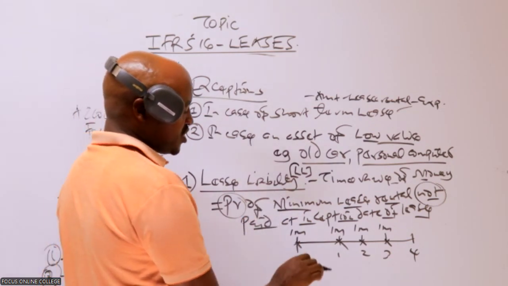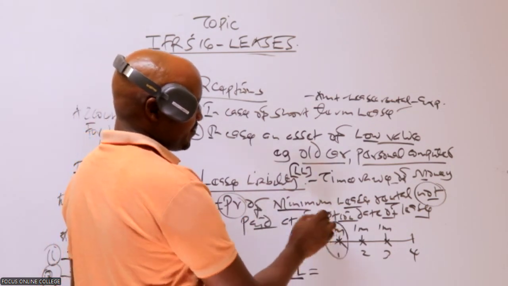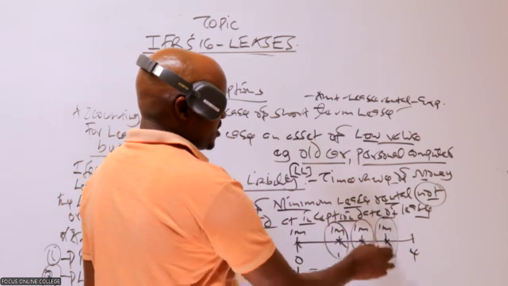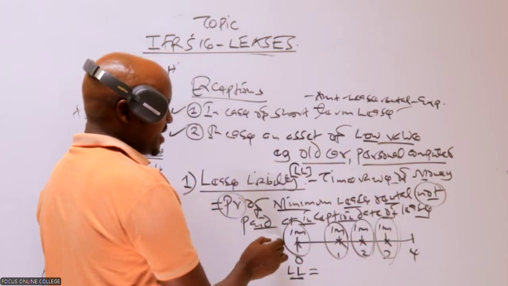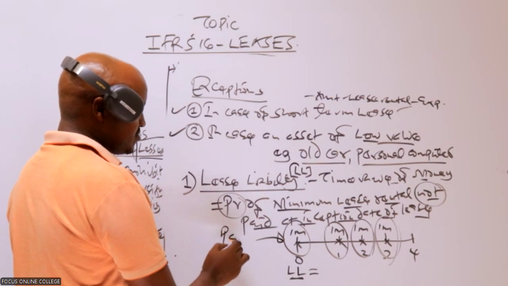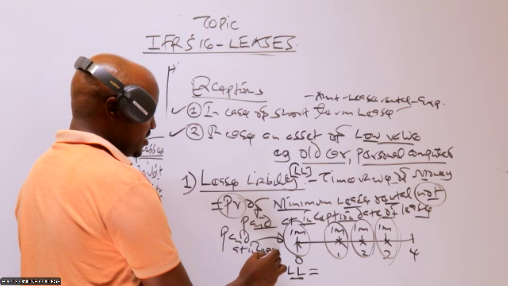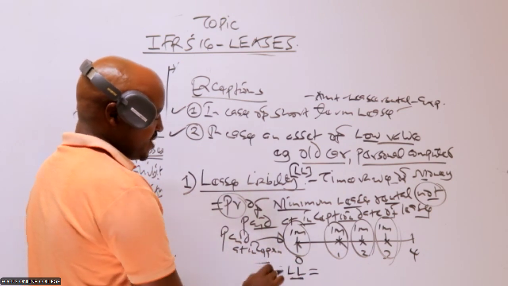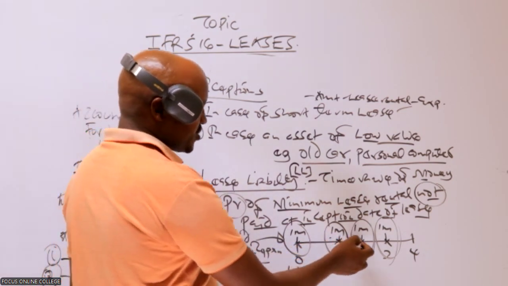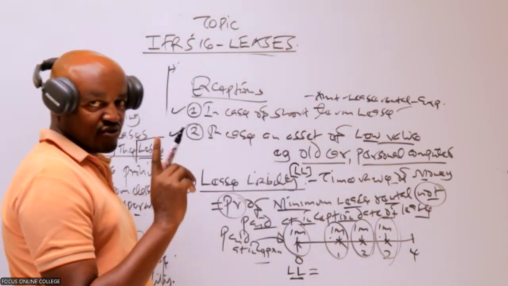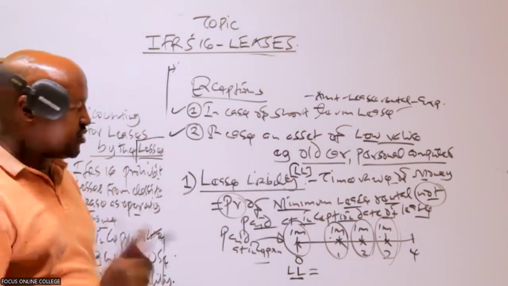So the amount which is not paid at the inception date is this one, and this one, because this one was paid at the inception date. So we compute the lease liability using the minimum lease rentals not paid at the inception date.